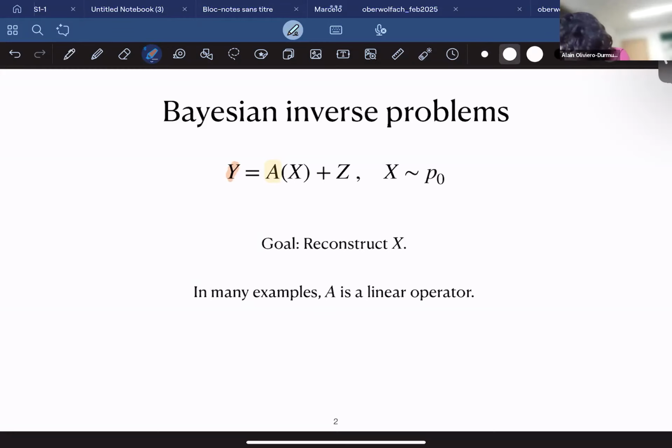And I'm supposing, and it's somehow a very simplistic assumption, but it has already gathered a lot of interesting models, that this observation is a transformation of a signal X, which is a signal of interest.